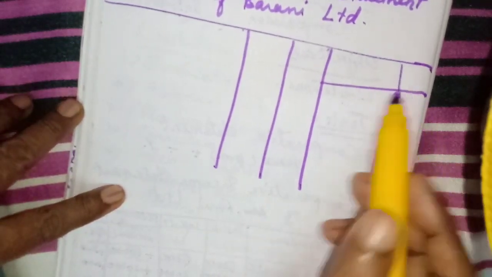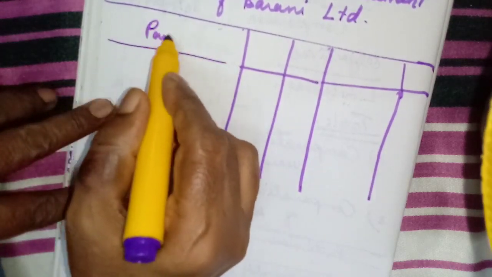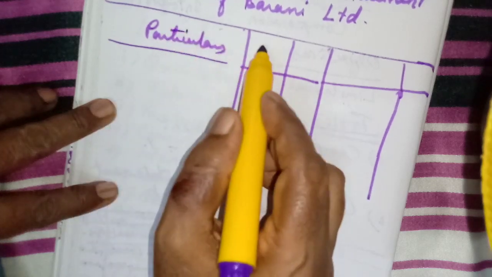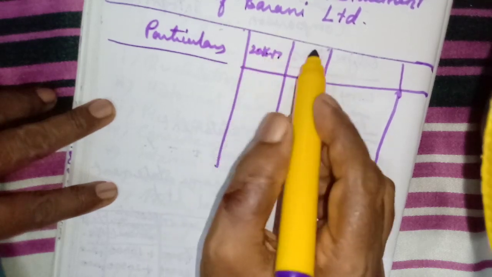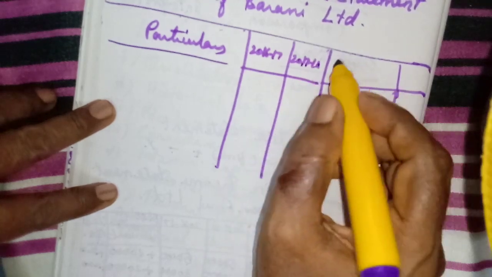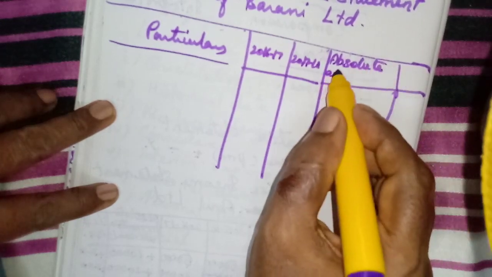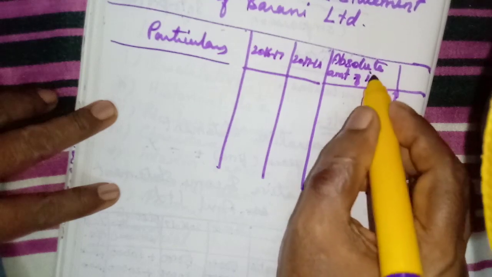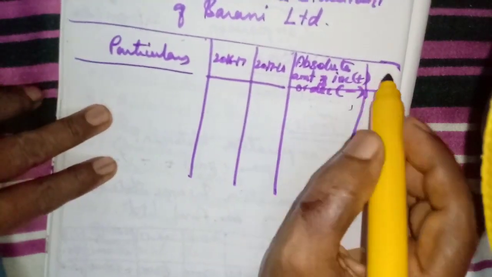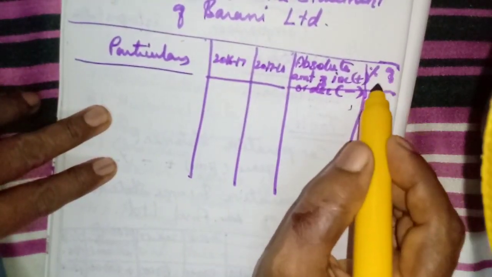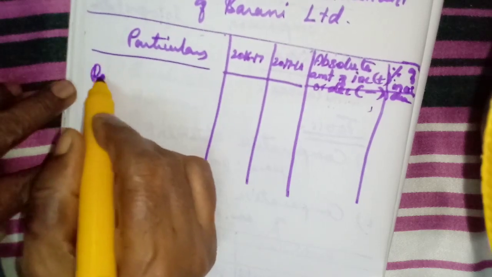Here we need to write particulars, year 2016-17, 2017-18, absolute amount of increase bracket plus or decrease bracket minus, percentage of increase or decrease.